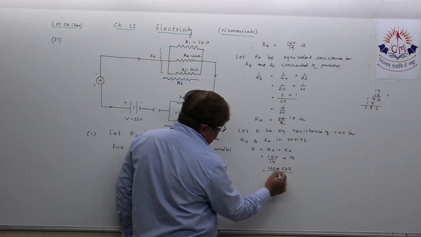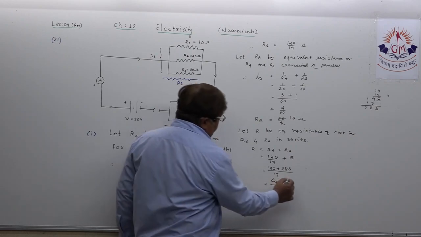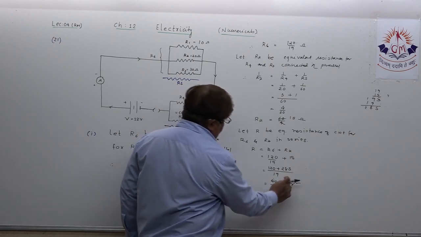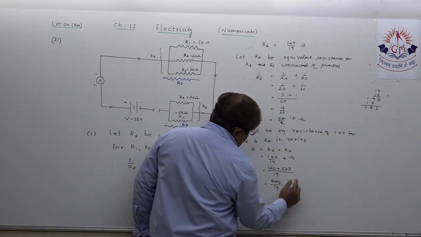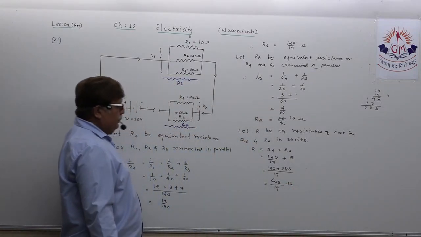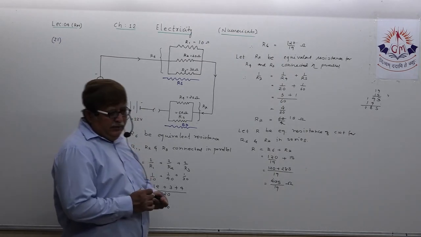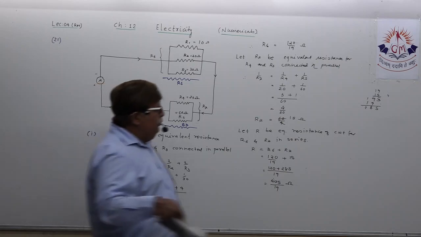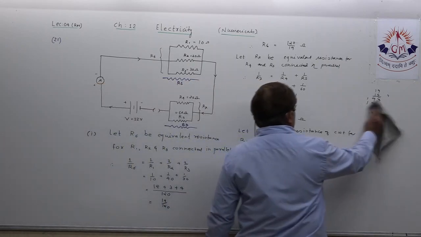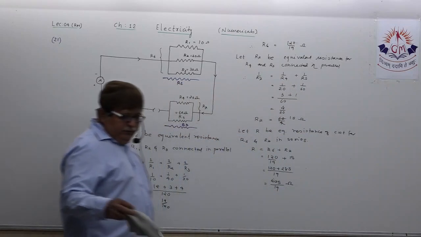Okay, 285 plus 120, 405 upon 19 ohm. That is the total resistance of the circuit you got. Okay. And now what they are demanding? They are demanding from you current flowing in the circuit. So dear student, the first step is over.